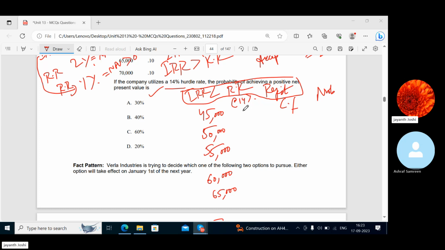Okay, annual after-tax. 14% is the hurdle rate. Company utilizes 14%. Okay. Achieving a positive NPV. So 20, 10, 10.